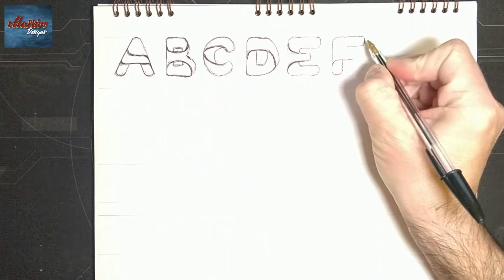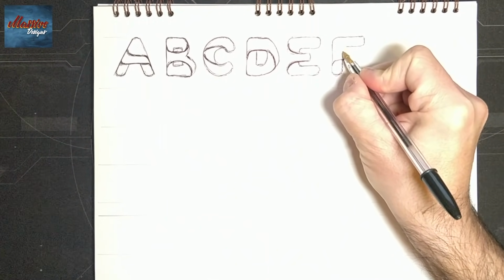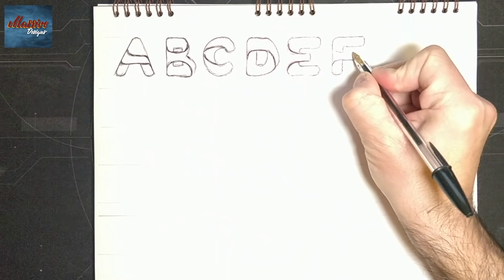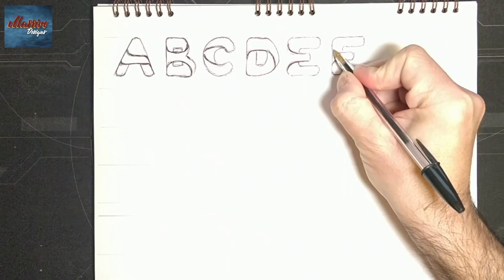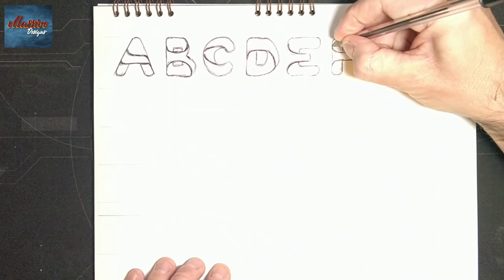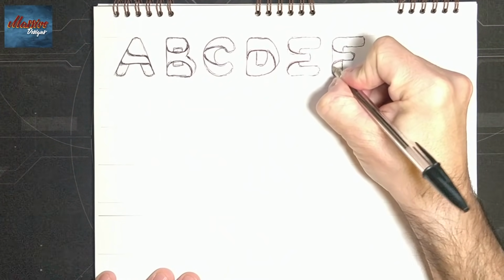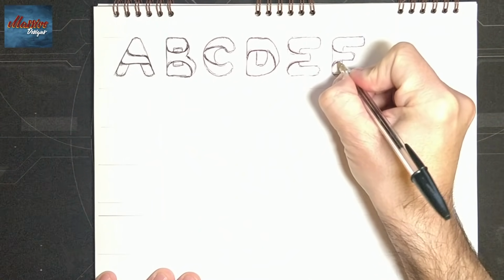Okay, and then it also folds from here, okay, there you go. The F is almost there.